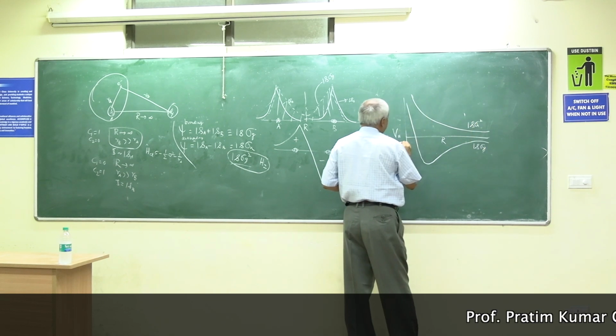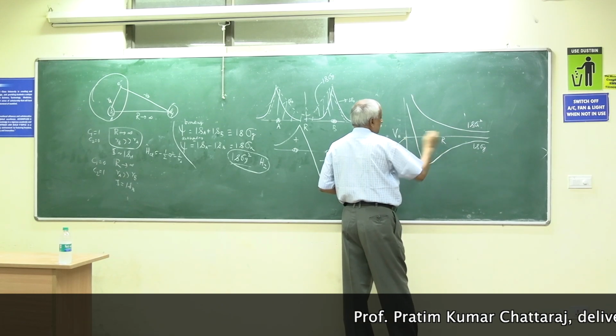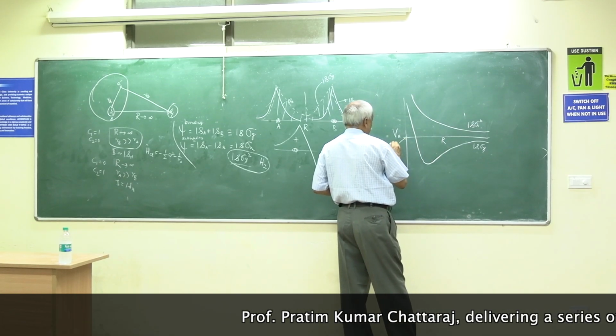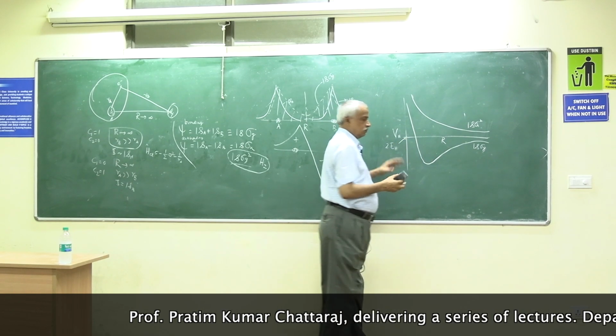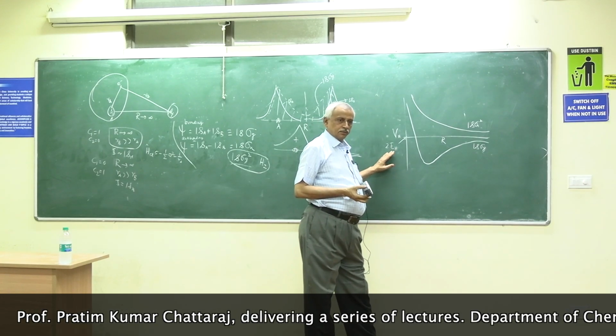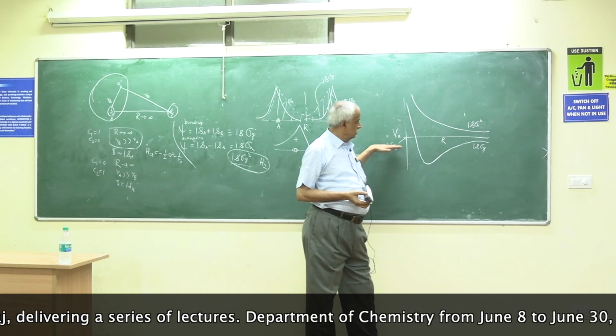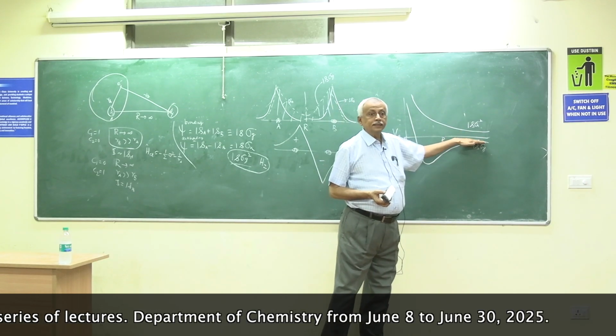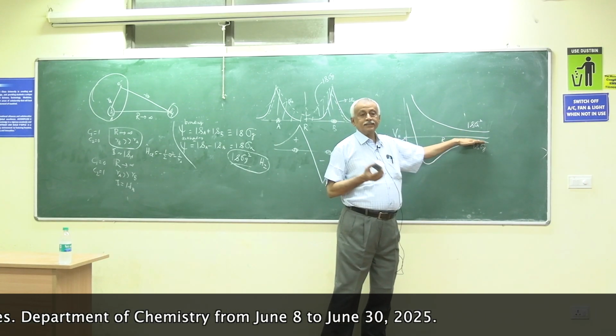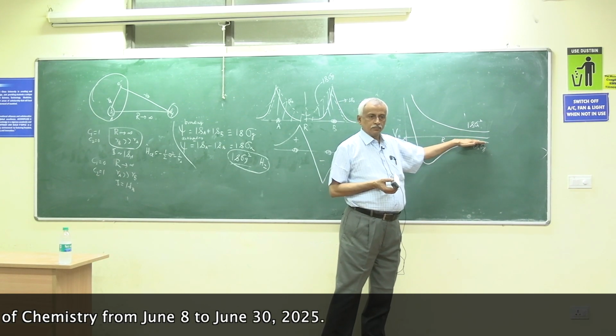This is the energy with respect to the two hydrogen atoms. So if you put two electrons in atomic orbitals, this is the energy, and relative to that energy level, what is happening when the bond is getting formed.